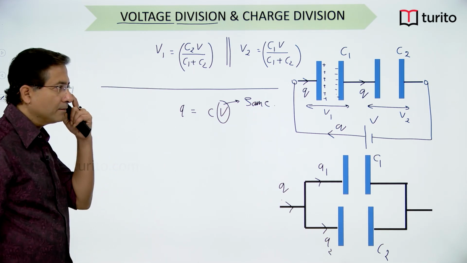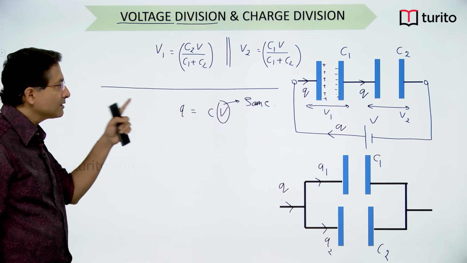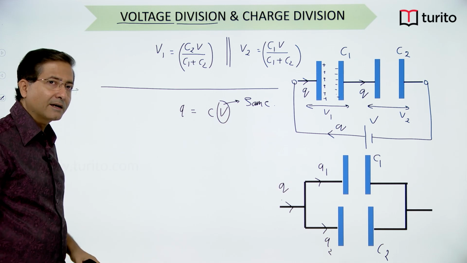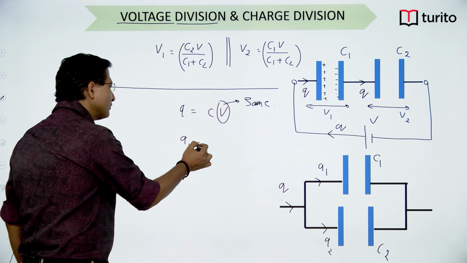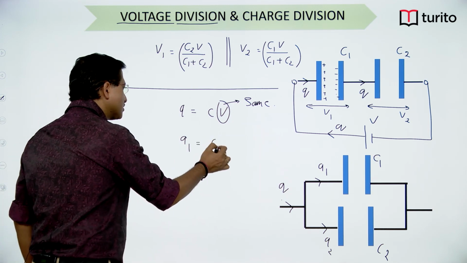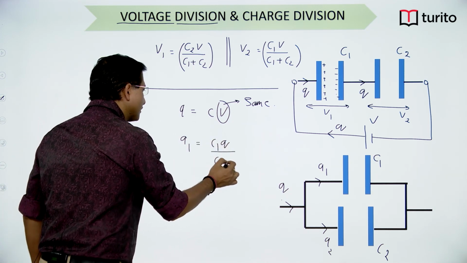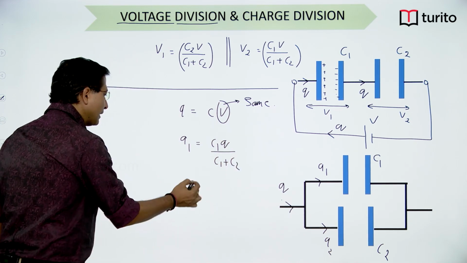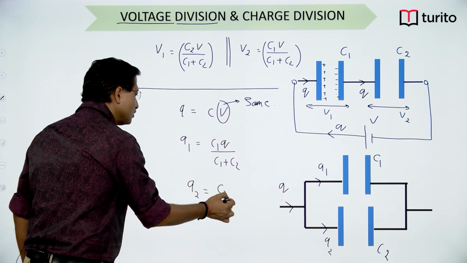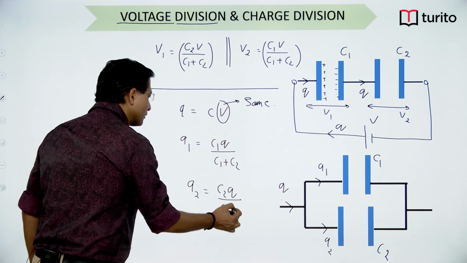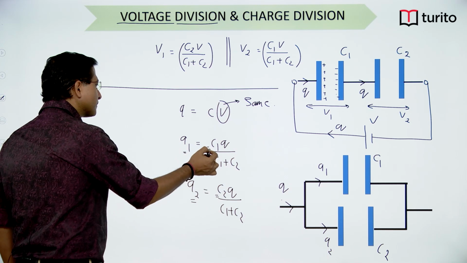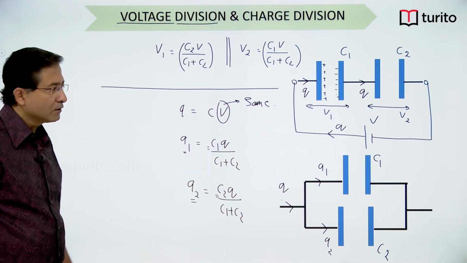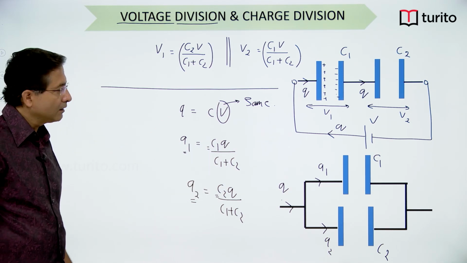If V is same, that means charge appearing on a capacitor is directly proportional to capacitance. I can say Q1 will be equal to C1Q divided by C1 plus C2, and Q2 is equal to C2Q divided by C1 plus C2. Charge is proportional to capacitance. So, this is by logic.